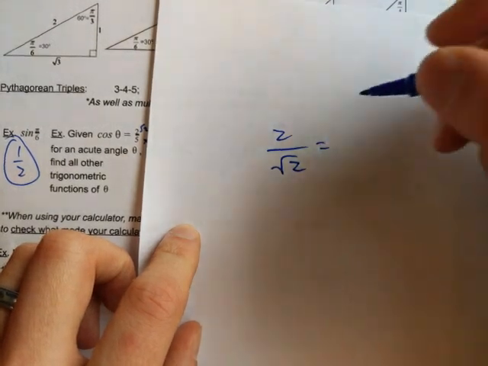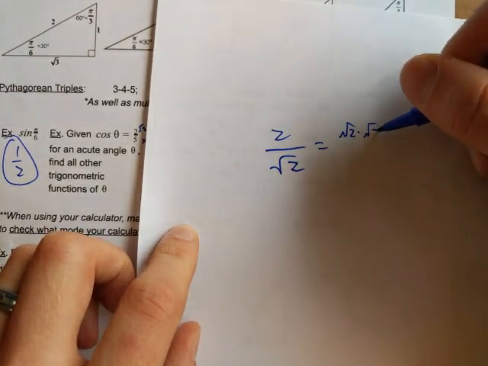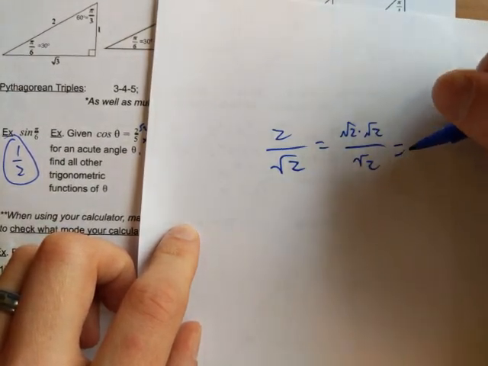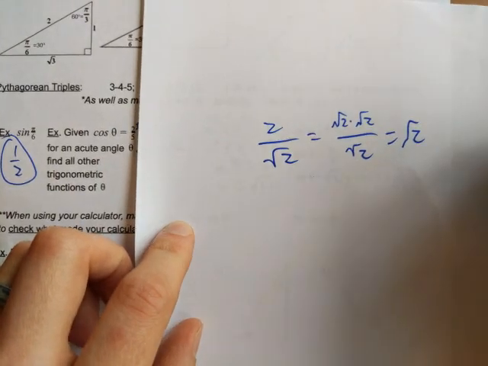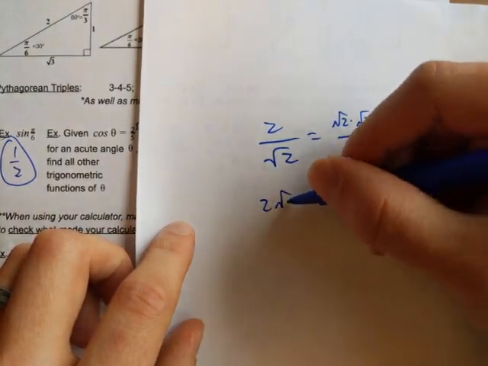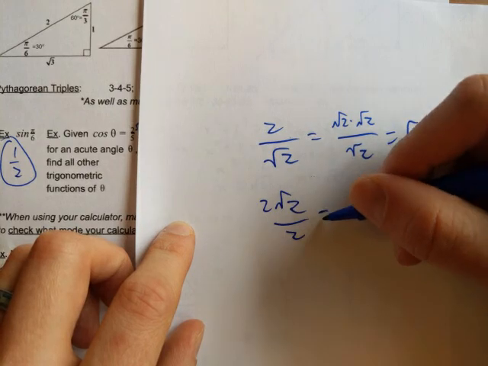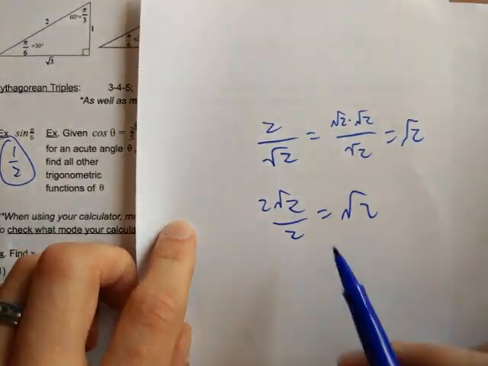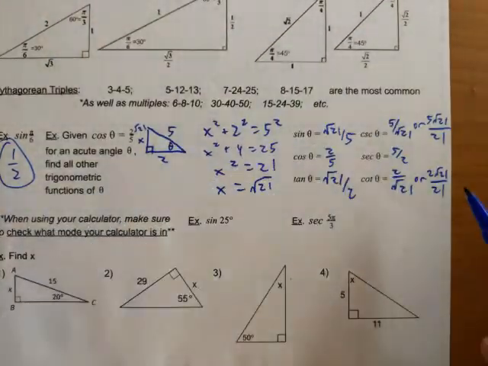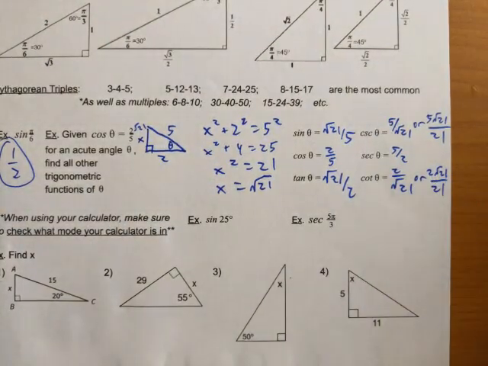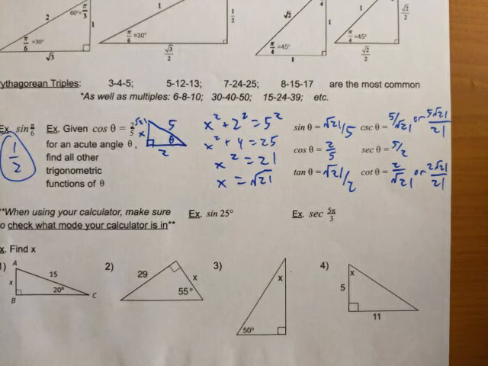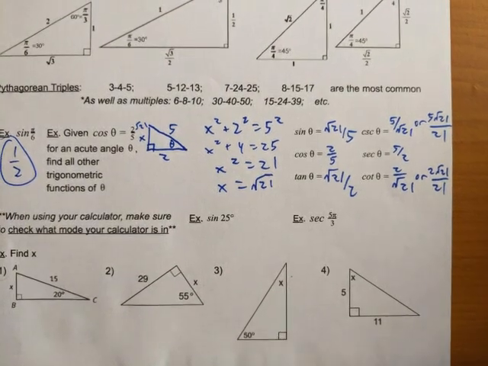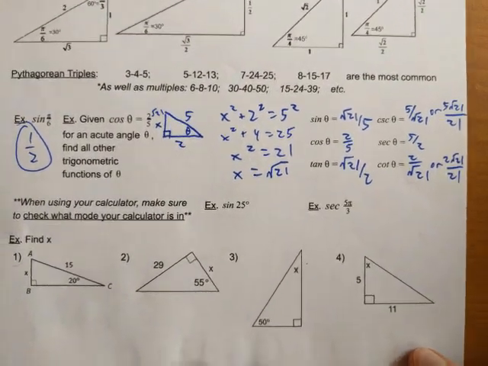This one here, 2 is the square root of 2 times the square root of 2, and so that one simplifies to root 2. You could also rationalize the denominator, 2 root 2 over 2, and then cancel the 2's. And so if you're not going to know the difference between simplifying and rationalizing the denominator, you might always want to rationalize the denominator just to be safe, but you don't have to unless it's a matter of actually simplifying.